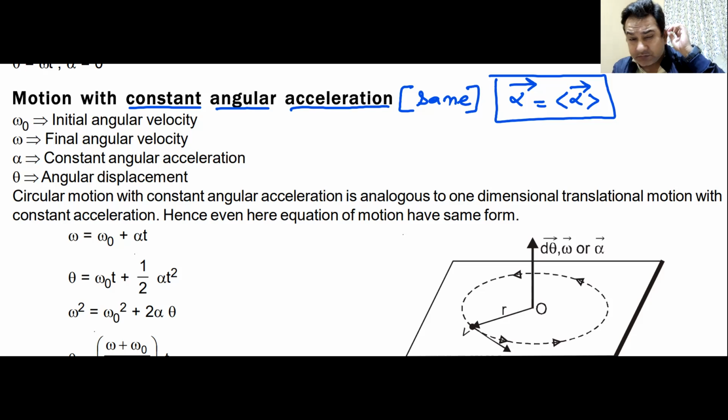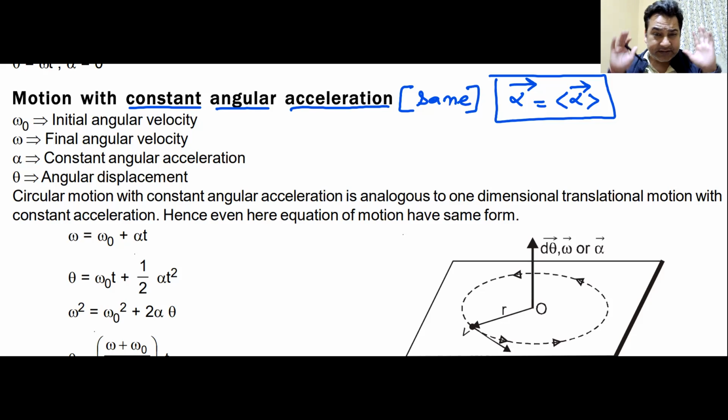There, acceleration was constant, and the average value and the instantaneous value of acceleration were the same at all points. Here the angular acceleration is constant. That means the instantaneous angular acceleration at any given point will always be equal to the average angular acceleration between any two given points.